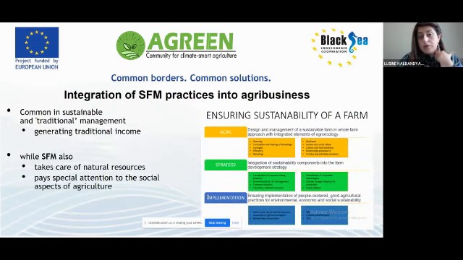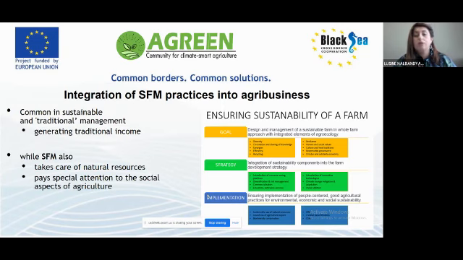And when we talk about sustainable farm management, we should not forget the integration of sustainable farm management practices into the agribusiness itself. And it is very important to take care of each and every component of sustainability in order to be able to manage the farms in a sustainable manner.